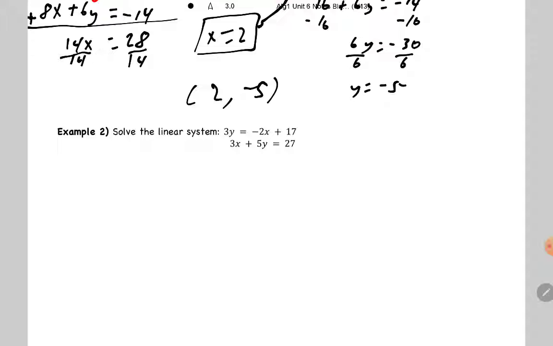Alright, let's do another one. So this one, the equations don't look exactly alike, so we gotta do that first. So I'm going to change equation 1 so that it looks like 2.